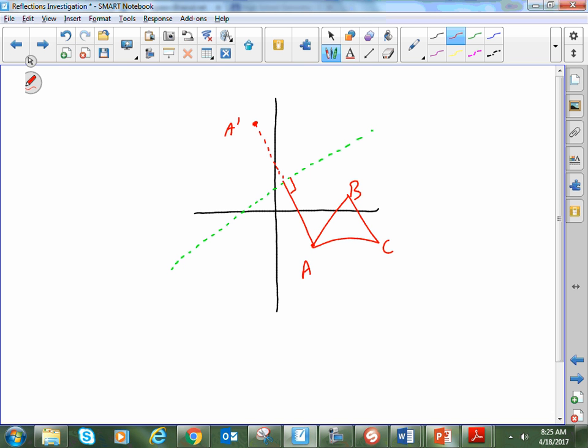Now, the last thing I want to talk about before we wrap up is the rules that you're generating here for how the coordinates change based off of the type of reflection that you have. It's not something that you will see too much outside of a geometry classroom. The next place where you're really going to be tested on this knowledge will probably be an SAT type exam.